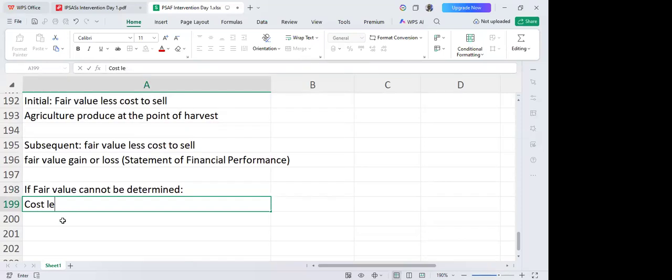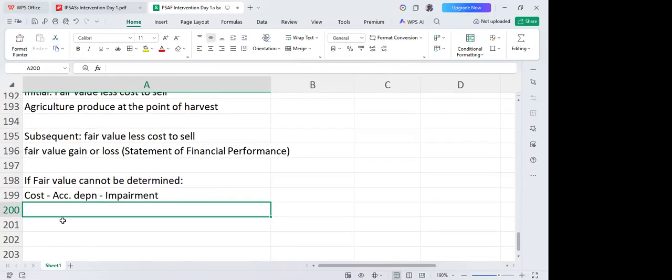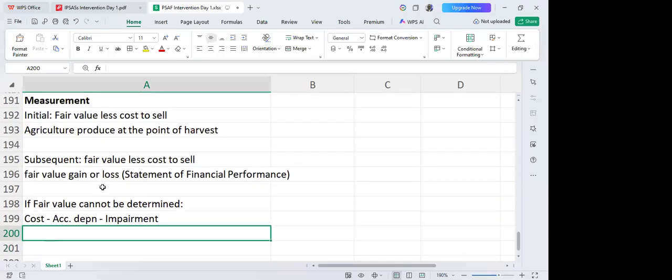So you bring your cost, you less your accumulated depreciation, you less impairment. So these are the measurement rules you need to be abreast with.